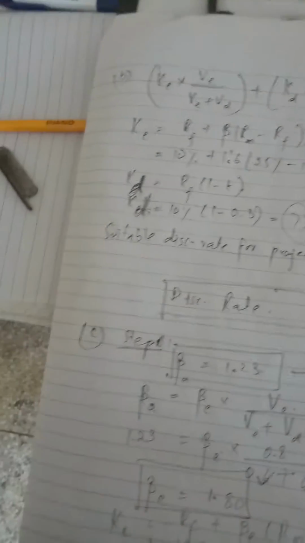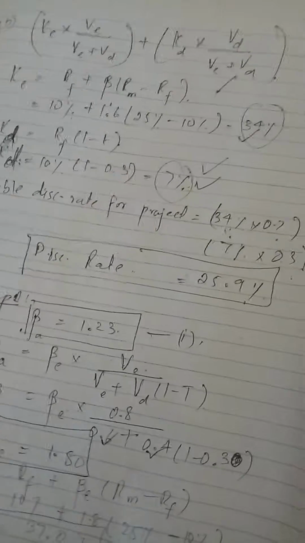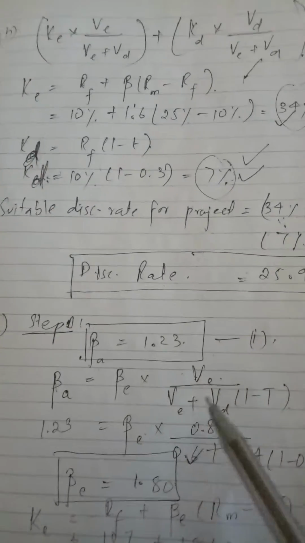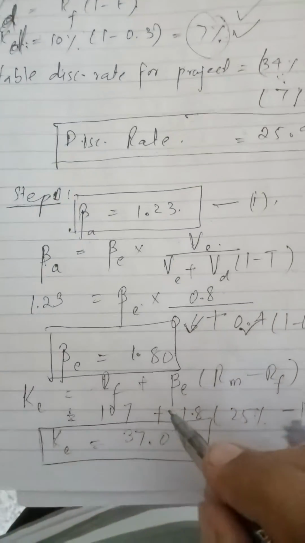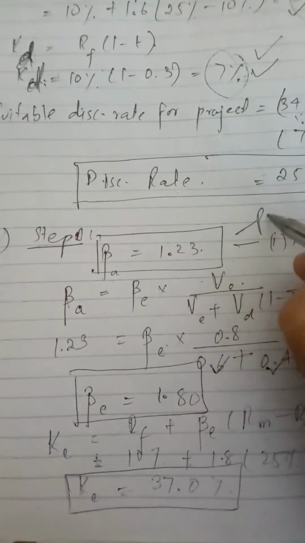In the third part, which is normally step C, the project is financed by 40% of debt and 60% of equity. That is how you're going to calculate. Beta asset we have calculated with the help of part 1.